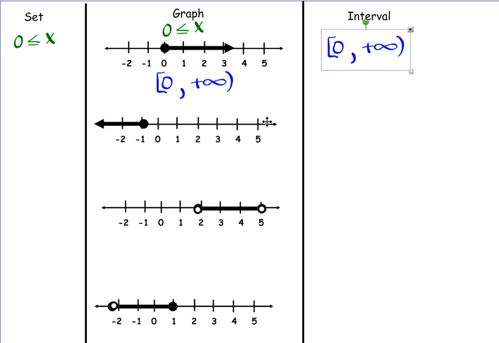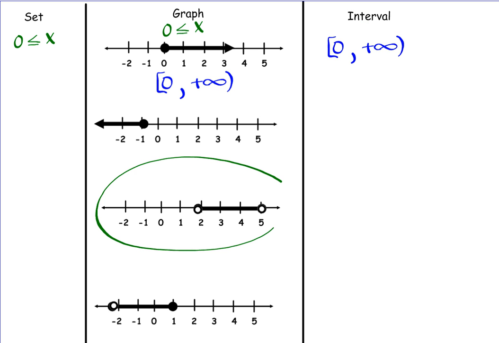Okay. Let's look down at this bottom one. We're going to talk about this one real quick. Now, what that says is that if I want to write set notation, I have an endpoint of 2, which is smaller than the x's that I have, which are still going to be smaller than 5. So there's my set notation.